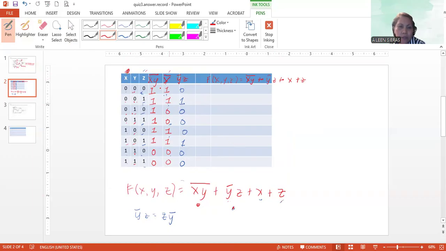Then we have also the z. And then we have your x, y bar and y bar z. Okay. So in this column here, these are the terms of the equation from the circuits.